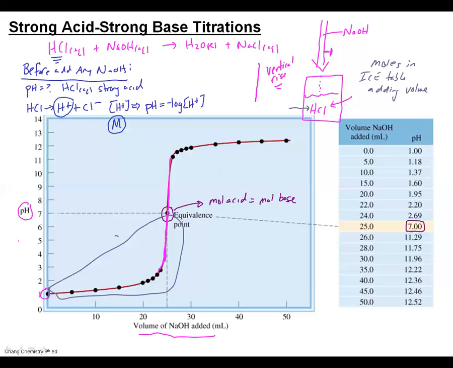And what does that really mean? What that means is, because it's going vertical, my pH is going up. So our pH here is starting to go up. But it also means that if I'm going vertical, my volume is not changing very much.